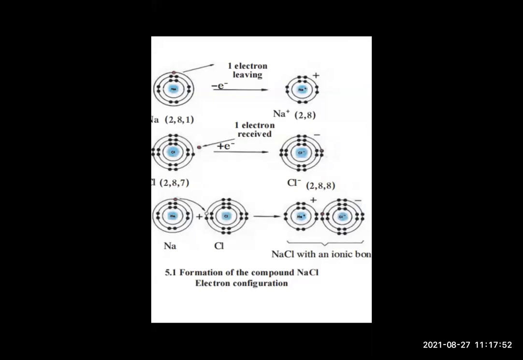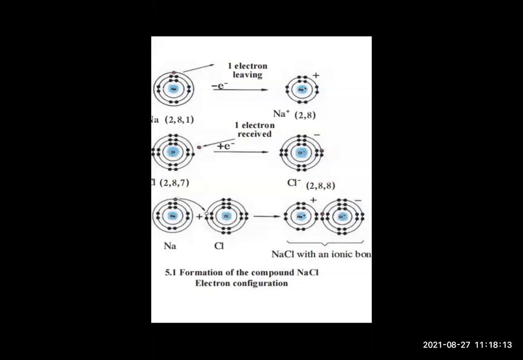If 2 electrons are there in the outermost orbit, we call it a duplet. If 8 electrons are there, we call it an octet. So here both sodium and chlorine have 8 electrons in the outermost orbit. Yes or no?